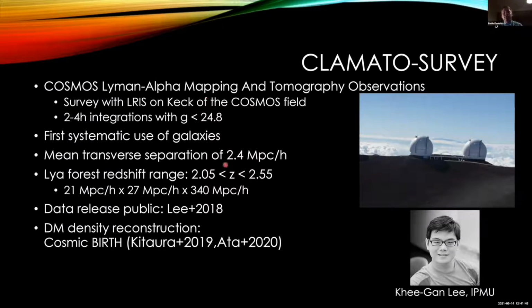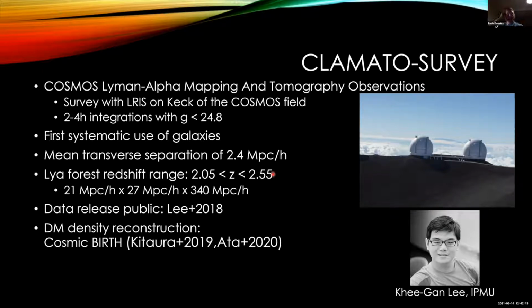They have a mean transverse separation between the sight lines of about 2.5 megaparsec/h at redshifts of 2.1 to 2.5 for the Lyman Alpha forest. This gives you a pretty massive volume, so you can really start studying the large-scale structures in these kinds of surveys. And the data release is now public in the 2018 paper.